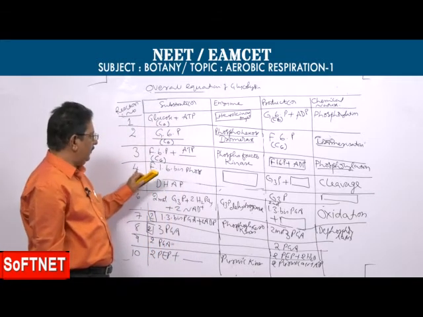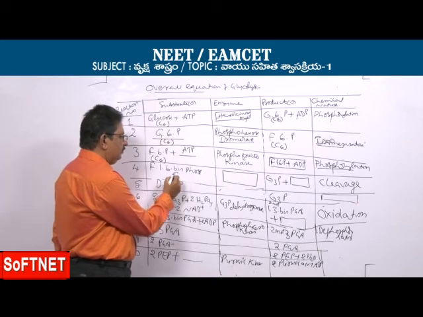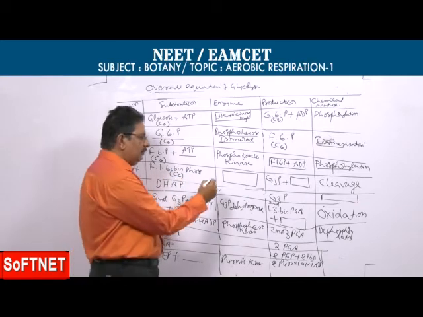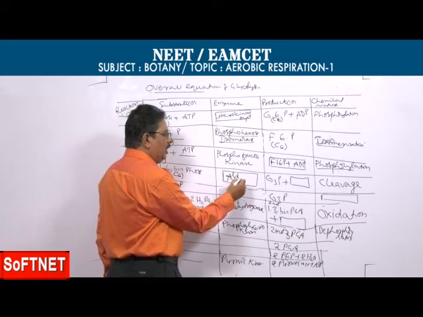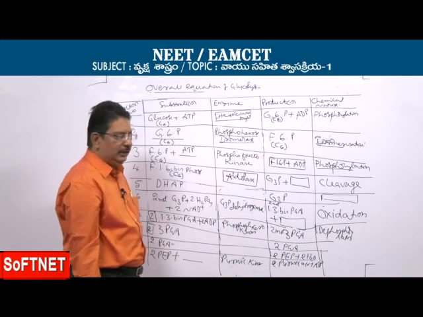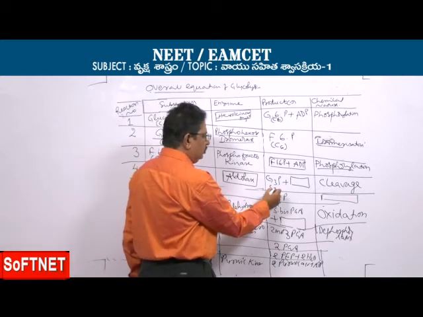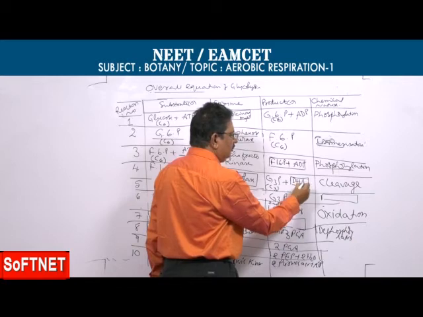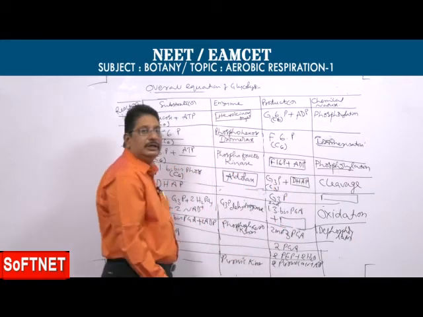And the fourth step: fructose 1,6 bisphosphate, a C6 compound, in the presence of an enzyme called aldolase, splits, not condenses, splits into 2 C3 molecules, one is G3P, so automatically the other one is DHAP.